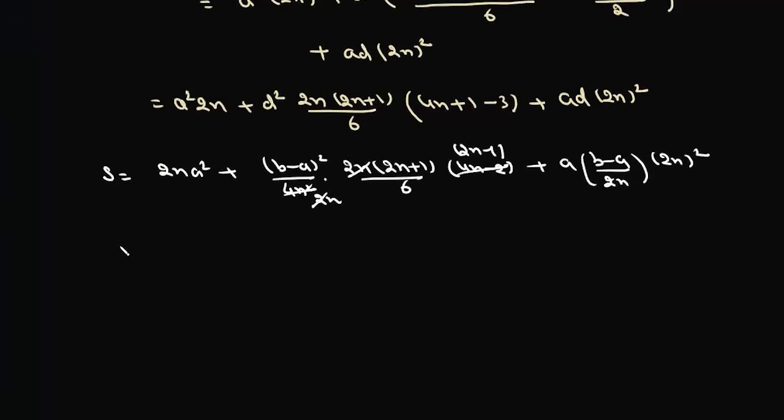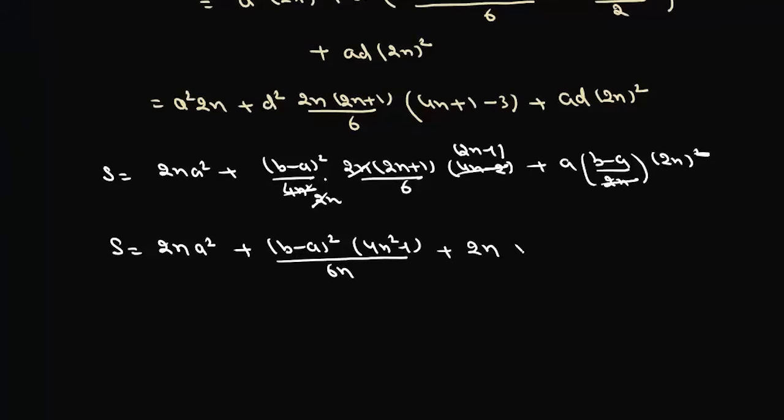So we can write this as 2n a square plus (b minus a) whole square into (4n square minus 1) upon 6n, and here also 2n will cancel, so you'll get 2n into (ab minus a square).